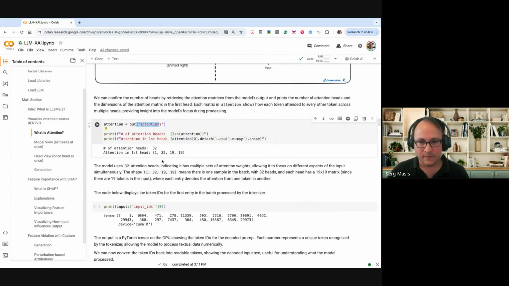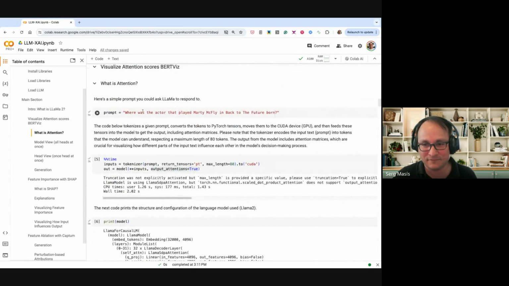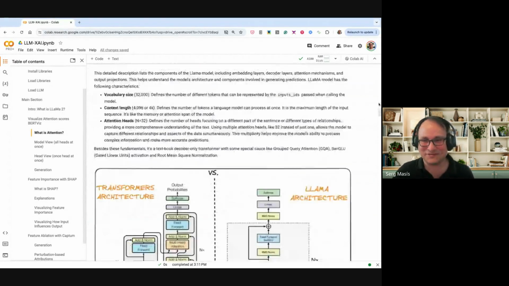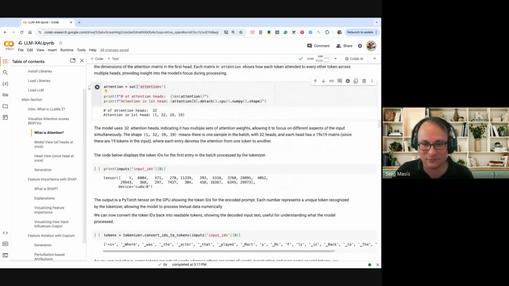So you wonder what all these numbers mean. Basically there are 32 heads, and each head has a 19 by 19 matrix, since there are 19 tokens in the input. So remember, this was the input, and there are 19 tokens in here. There aren't 19 words, but there are 19 tokens, and we'll see those in a second.